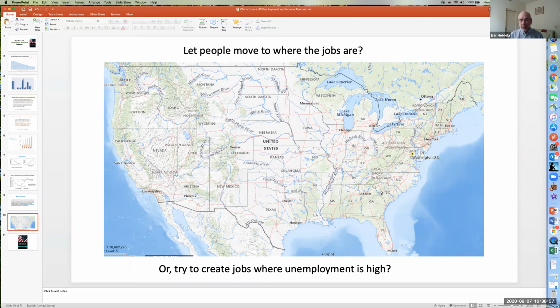So another policy question that arises in this context is, as we look to provide good paying jobs for American workers, should we be implementing policies that encourage workers to move away from regions where there may be fewer opportunities and to regions that have growing opportunities, which in many ways is part of the American historical experience.